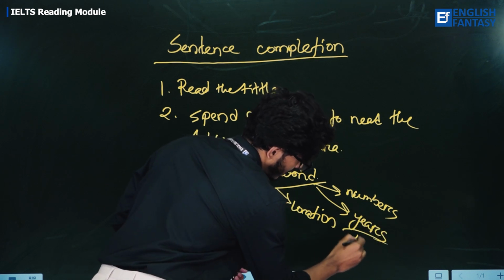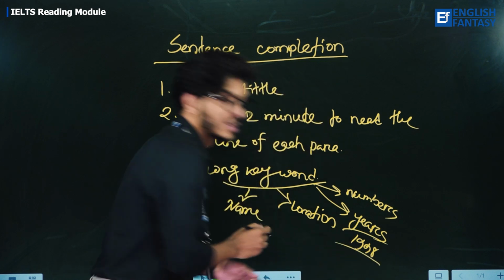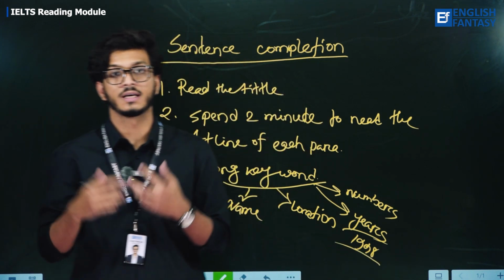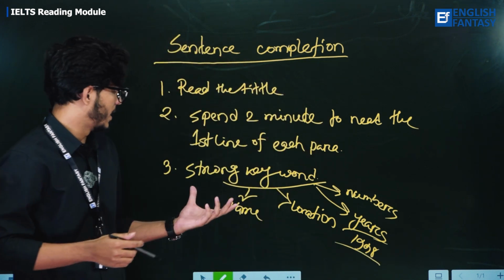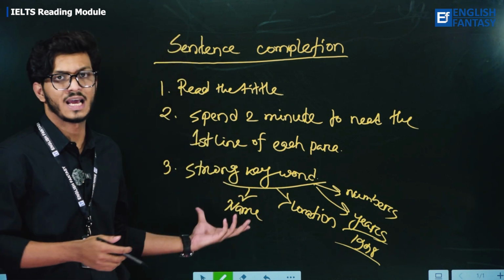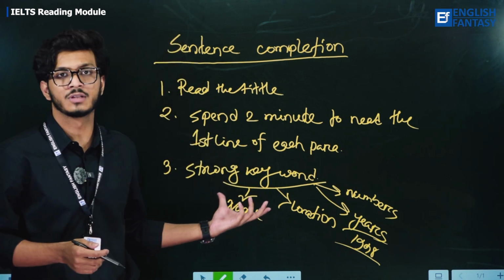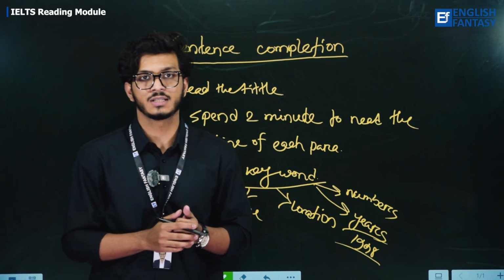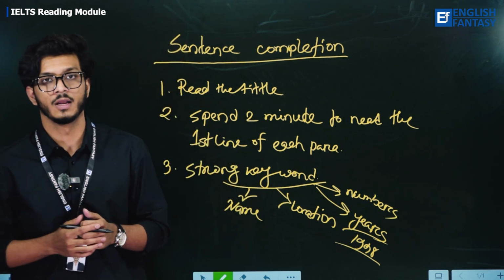This means 1998 or something like that. I think you guys can understand it properly. It doesn't matter which question it is in, but you have to find the main strong keyword first, and after that you can solve it properly.